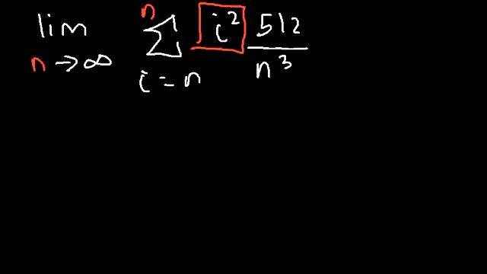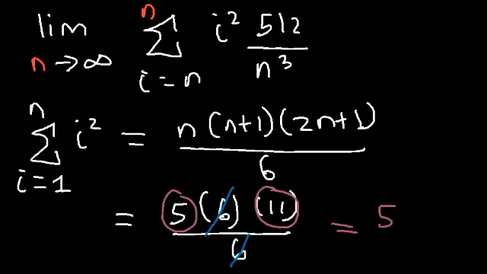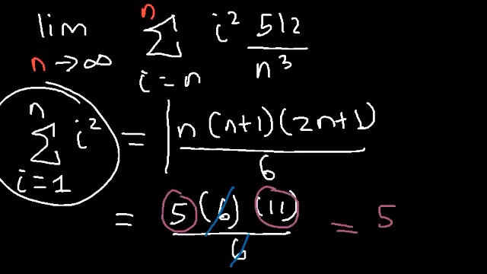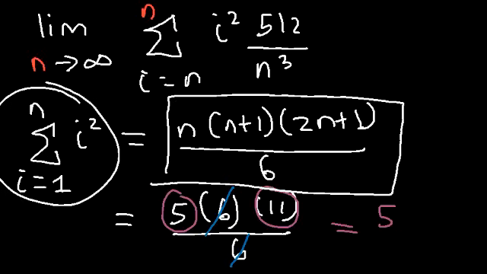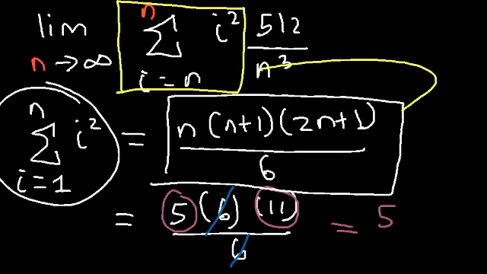As mentioned before, the summation of i squared is n plus 1 times 2n plus 1 over 6. So we're going to replace this portion with this expression. And once you replace the i squared with n plus 1, 2n plus 1 over 6, the sigma notation disappears.